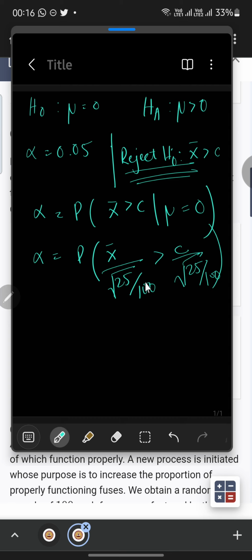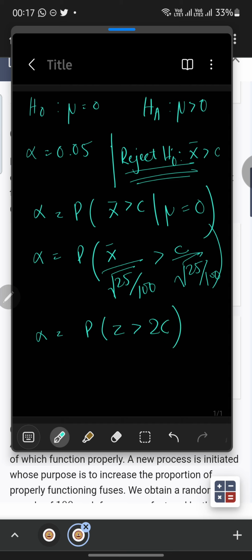So the variance is 25, 100. See, everything is all right, perfect. So we can say that alpha is equal to the probability of z being greater than 2c here. Because when we divide, this will be 2c, so z would be greater than 2c, then only we will get our value.